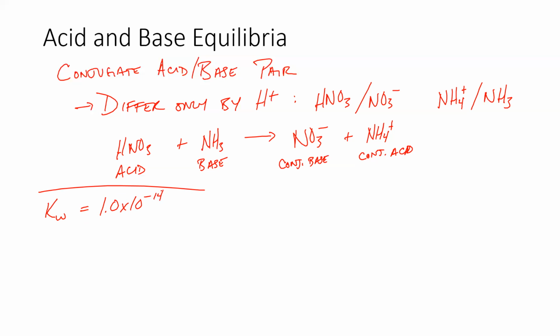Now, remember equilibrium constants are temperature dependent, and so this is at 25 degrees C. So it changes a little bit. But 1.0 times 10 to the negative 14 is equal to the concentration of H plus times the concentration of OH minus, because this is considered the autoionization of water.